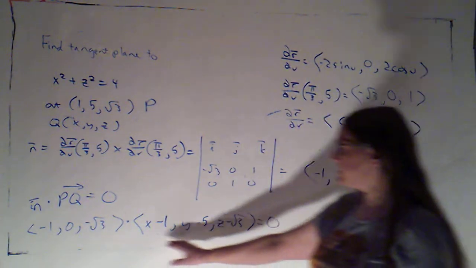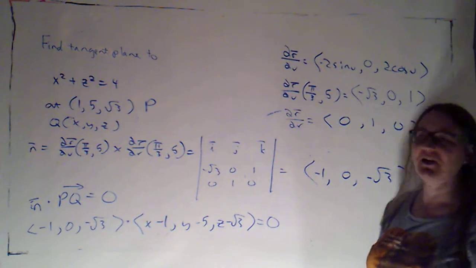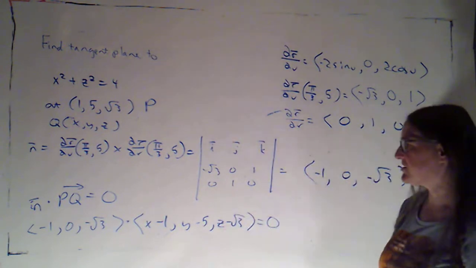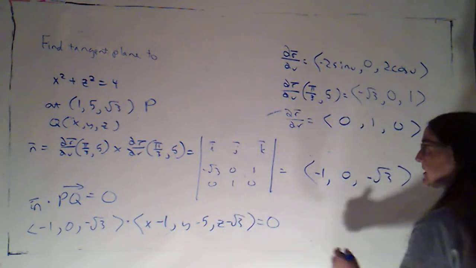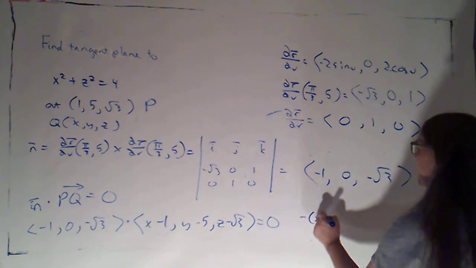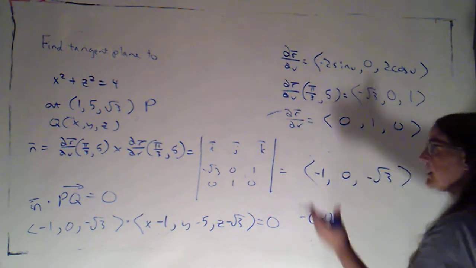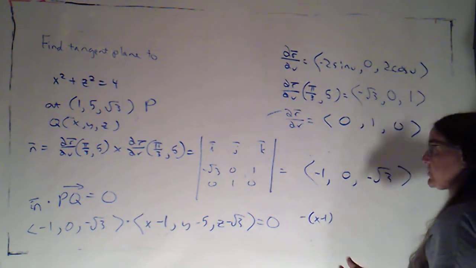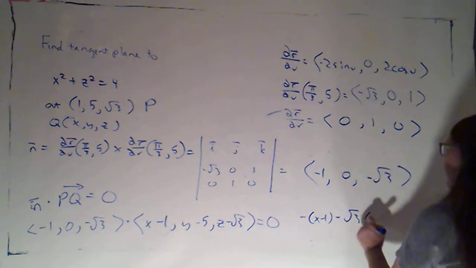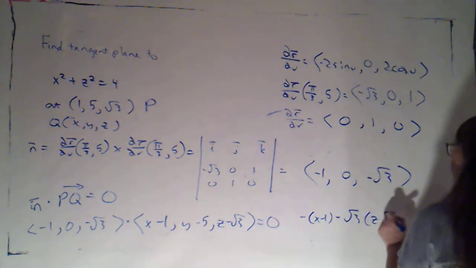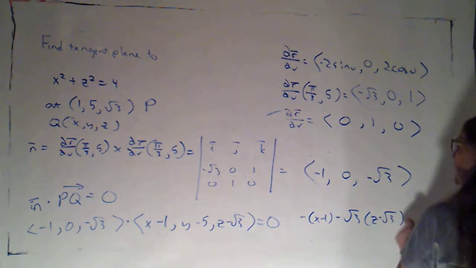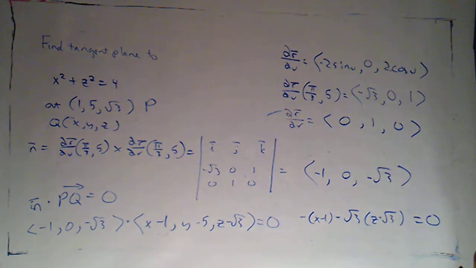And I do ask that you don't leave the equation for your plane with vectors in it, that you actually work out what that dot product is. So that's negative quantity x minus 1, 0, the y's drop out, minus root 3, quantity z minus root 3, and all of that is equal to 0.